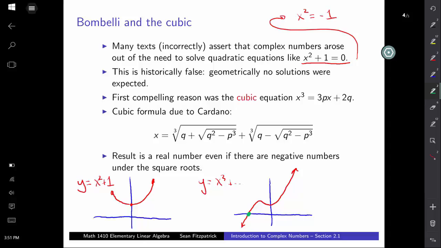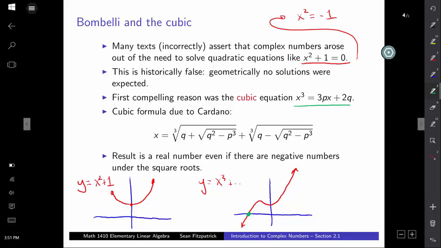So they know there has to be a solution, but depending on the values of p and q, in this form here for a cubic, there are going to be some scenarios where you can't solve it using the known formula. The formula that was known at the time was due to Cardano. It's here on the screen. It's a very complicated looking formula.